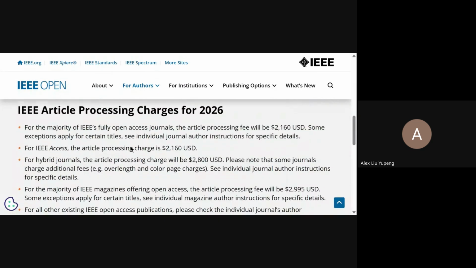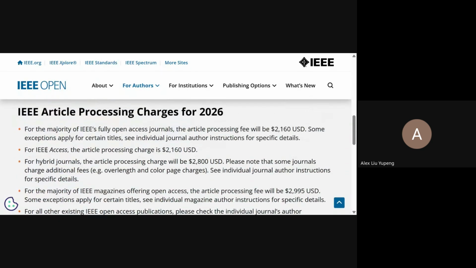And it will tell you the different categories, right? So for full open access journal is 2,160. So for you, you pay 80% of this, times 0.8. For IEEE Access, it is the same price. Again, you times 0.8. Hybrid journal 2008, again, times 0.8 because you are getting a 20% discount.